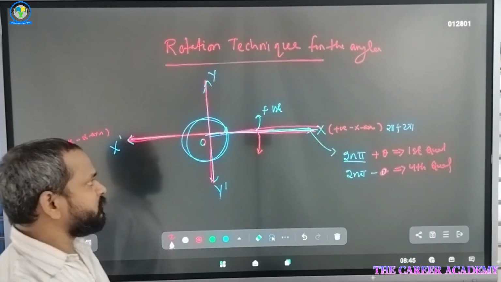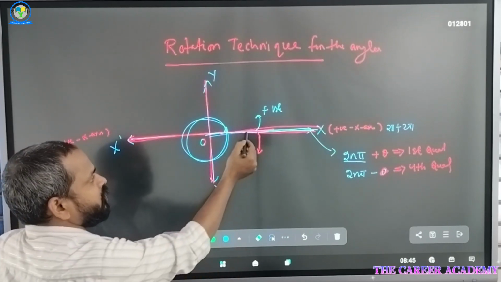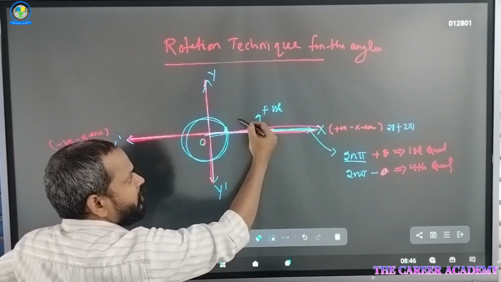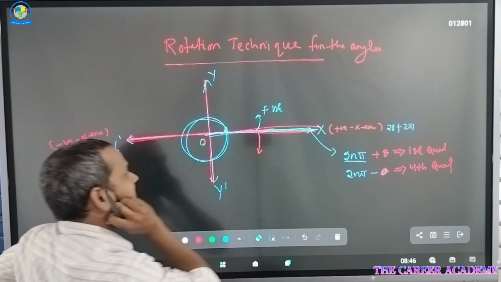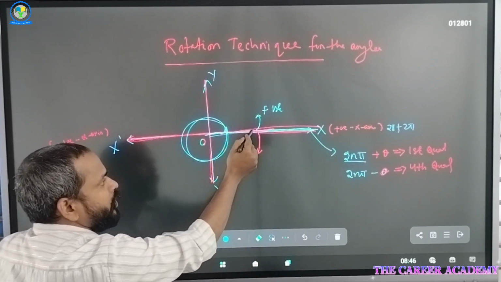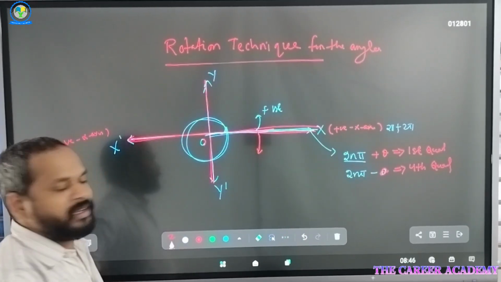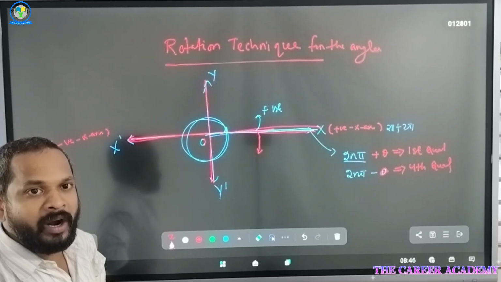Clear, students? Whenever you see 2n pi plus theta, it is the first quadrant, and when it is 2n pi minus theta, it belongs to the fourth quadrant.